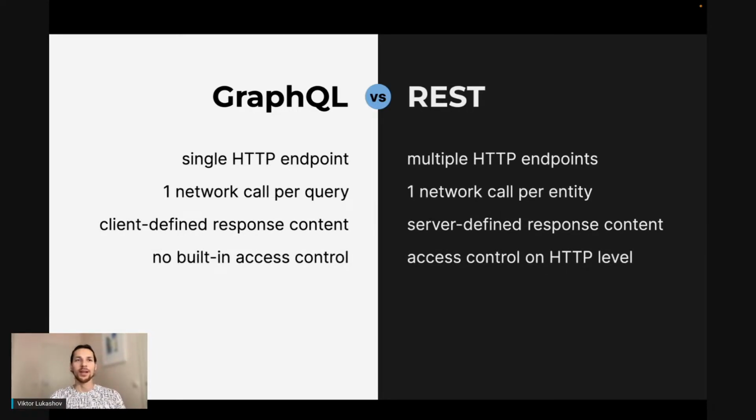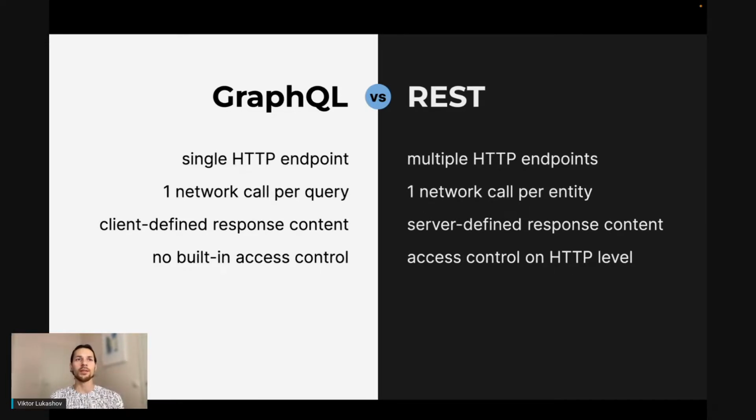Then, when it comes to access control, with REST, there is an established pattern. Typically, you'd have access controls defined on every single REST endpoint with HTTP authorization headers, and you can describe which endpoint would require which permissions from the user.